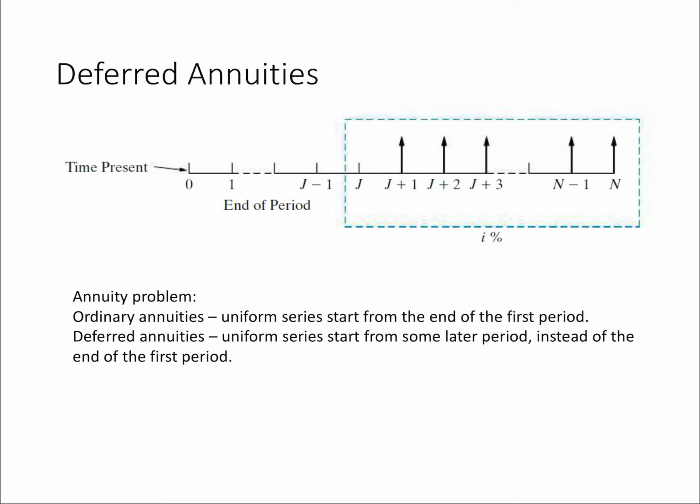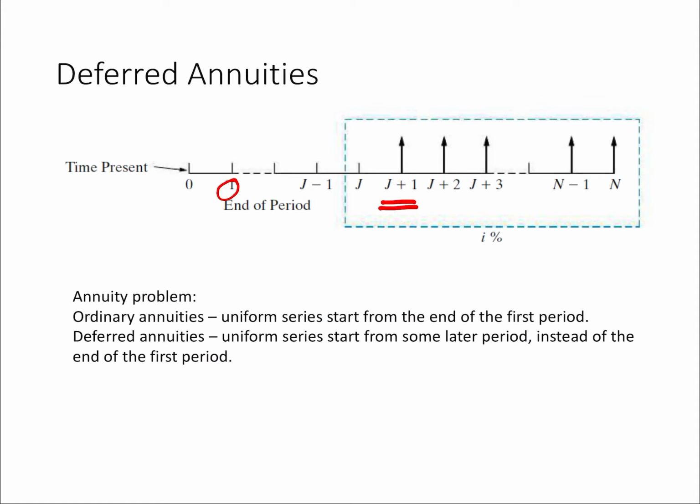And we talk about deferred annuities. A deferred annuity means the annuity, the cash flows, doesn't start from 1. It starts from sometime later, it could be 3, 4, but later than 1.